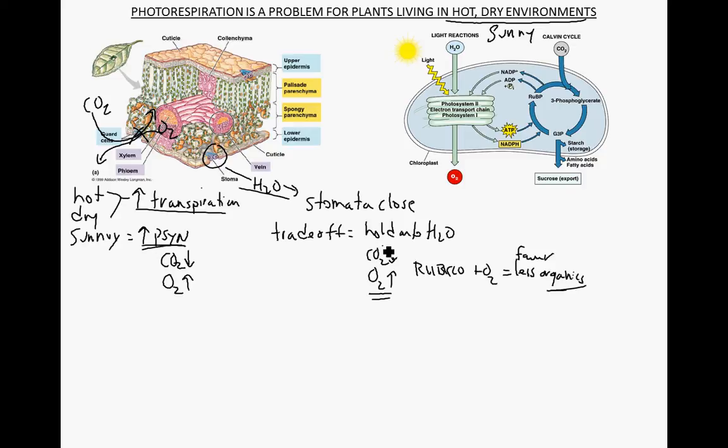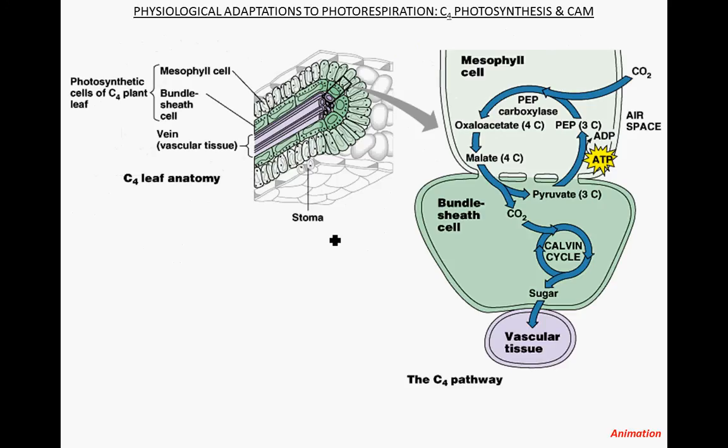But there are plants that live in hot, dry, sunny environments, and so they have physiological adaptations as well as structural adaptations to survive in these hot, dry environments and to limit photorespiration. One physiological adaptation, what the cells are doing, is they've evolved this C4 photosynthesis.